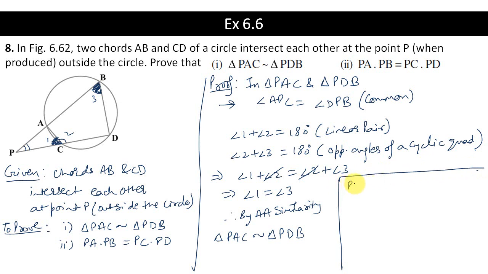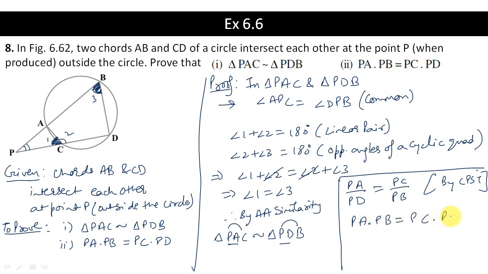So you will get PA upon PD will be equal to PC upon PB by CPST. So when we cross multiply this, we'll get PA multiplied by PB is PC multiplied by PD. Hence proved.